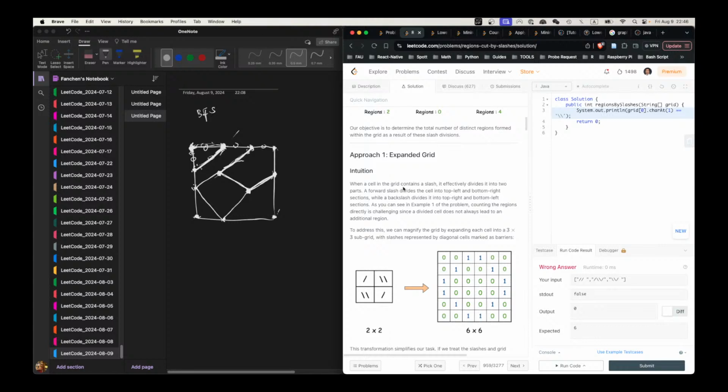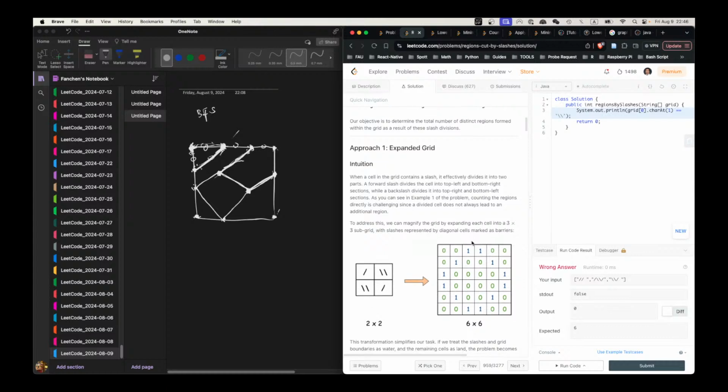When a cell in the grid contains a slash, it effectively divides it into two parts. Yeah, we know that. To address it, we can magnify the grid by expanding each cell into a 3x3 subgrid, with slashes represented by diagonal cells marked as barriers.